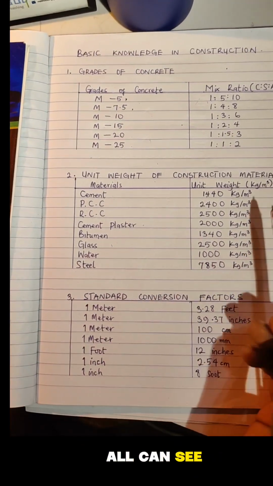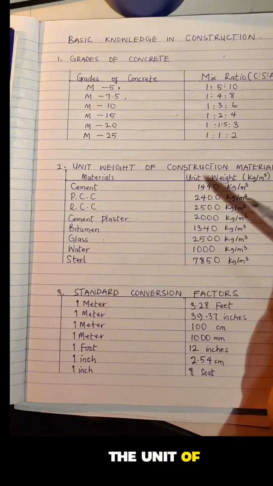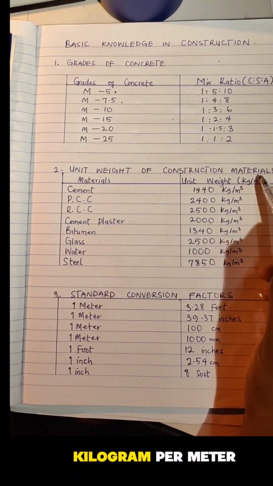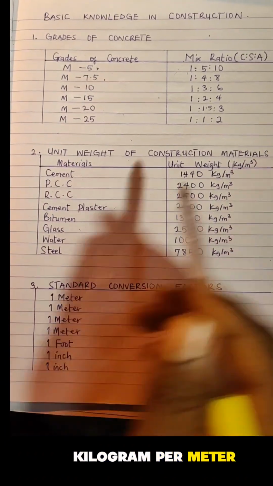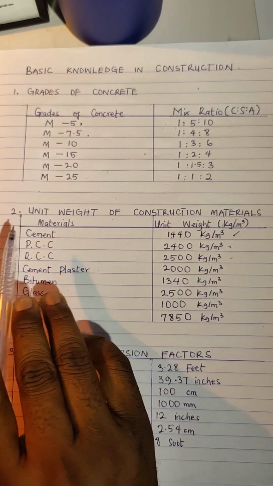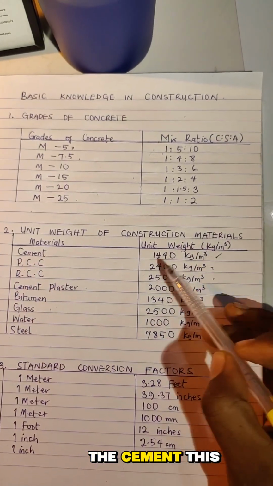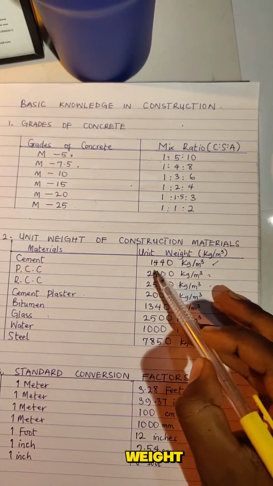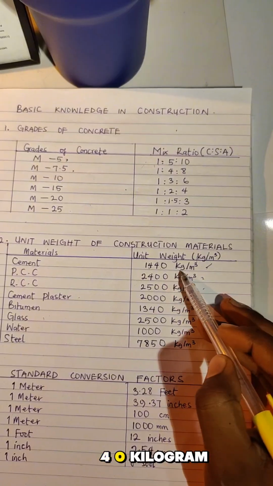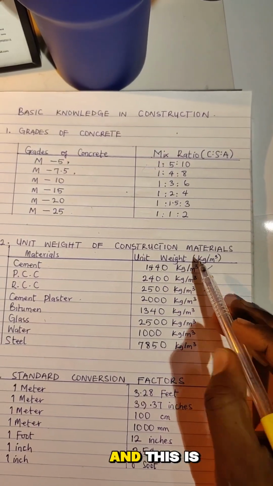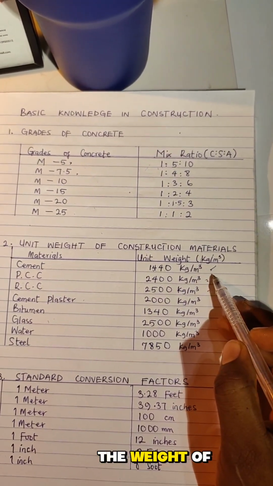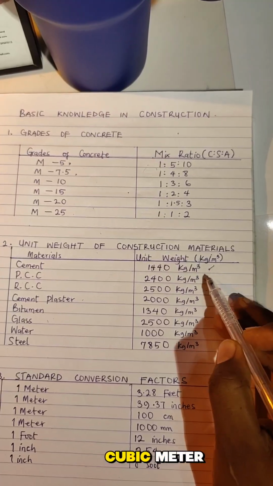Okay, as you all can see, this is the unit of measurement: kilogram per meter cube. This is for the cement. This is the unit weight, that is 1,440 kilogram per cubic meter, and this is the weight of loose cement per cubic meter.